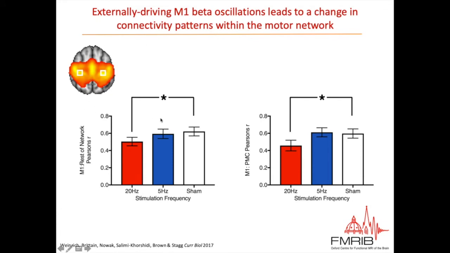And actually you do start seeing a change between primary motor cortex and everything that is not motor cortex, and primary motor cortex and pre-motor cortex. So 20 hertz stimulation is doing something slightly strange about how the motor cortex is communicating with the other brain regions to which it's connected.